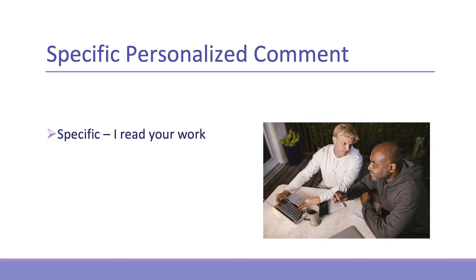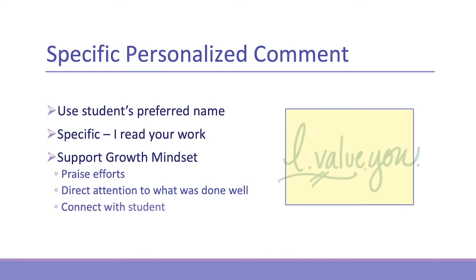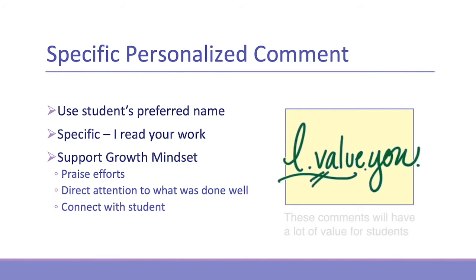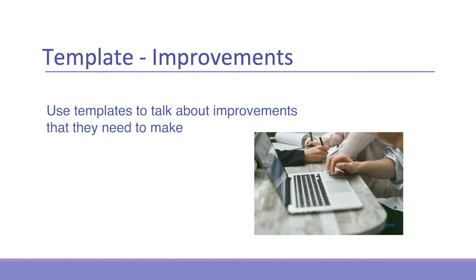If you start out with the student's preferred name and then frame your comments in terms of supporting a growth mindset, for example, praising efforts, directing attention to what was done well, or connecting with the students, these comments will have a lot of value for students. Then you can use templates to talk about improvements that they need to make in order to do better next time.